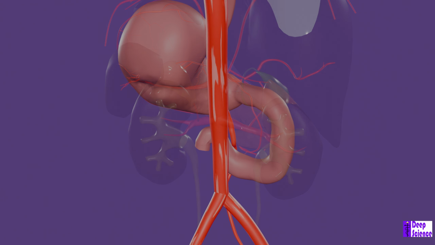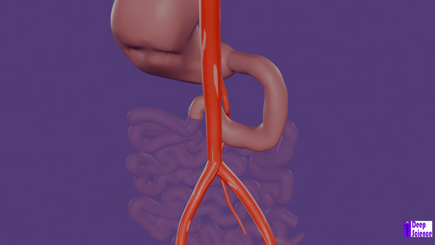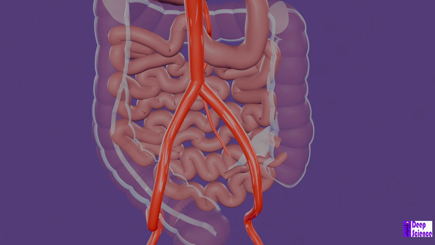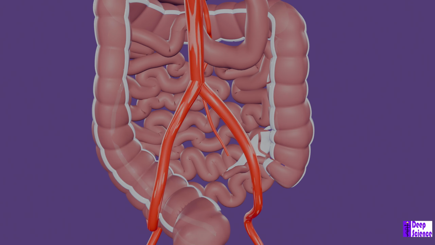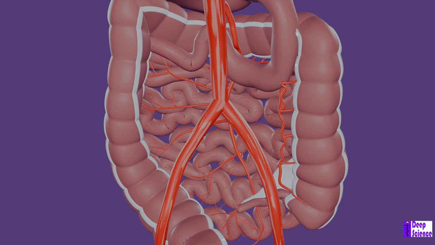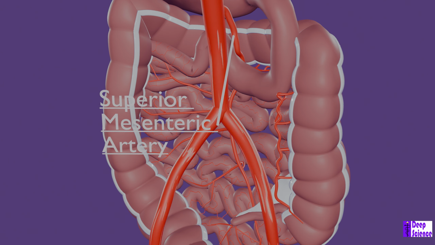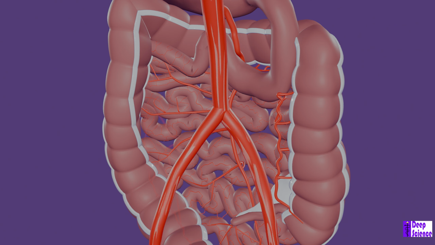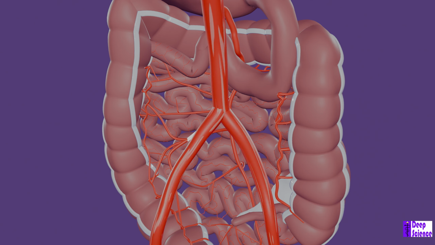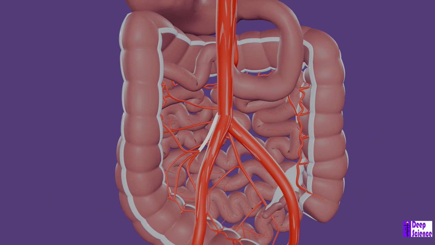The remaining parts of the duodenum, the entire small intestines, and the ascending and transverse colons all get blood from a single branch of the aorta, the superior mesenteric artery. The inferior mesenteric artery supplies the remaining descending and sigmoid colons and the rectum.